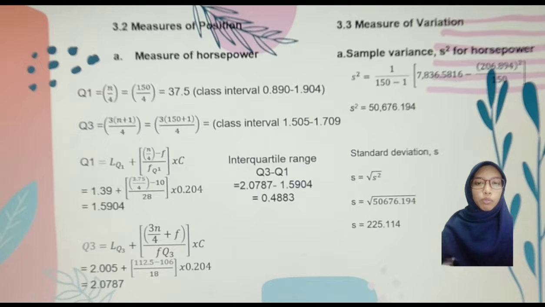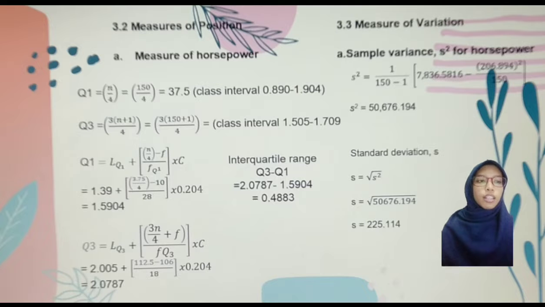Q3 equals 2.005 plus in bracket 112.5 minus 106 per 18 multiply 0.204 equals 2.0787. Interquartile range, Q3 minus Q1 equals 2.0787 minus 1.5904 equals 0.4883.